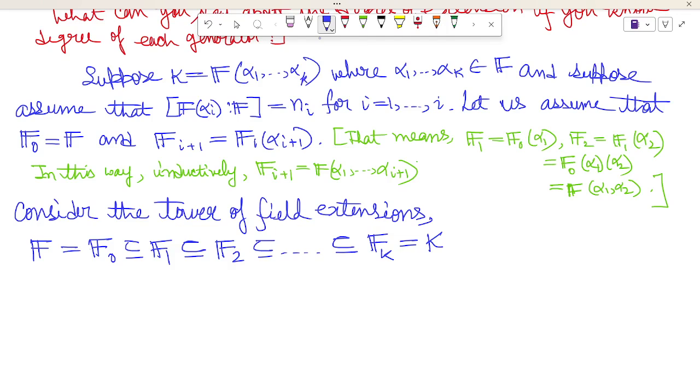So this is also small k. They are not the same.